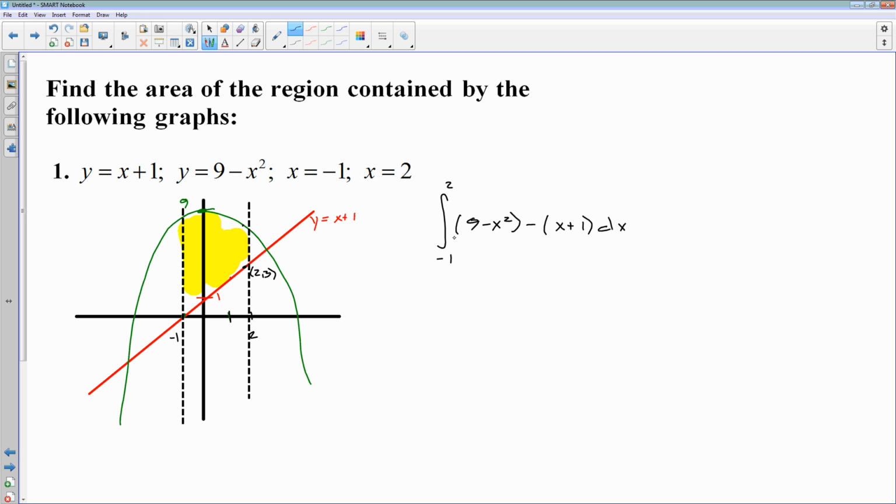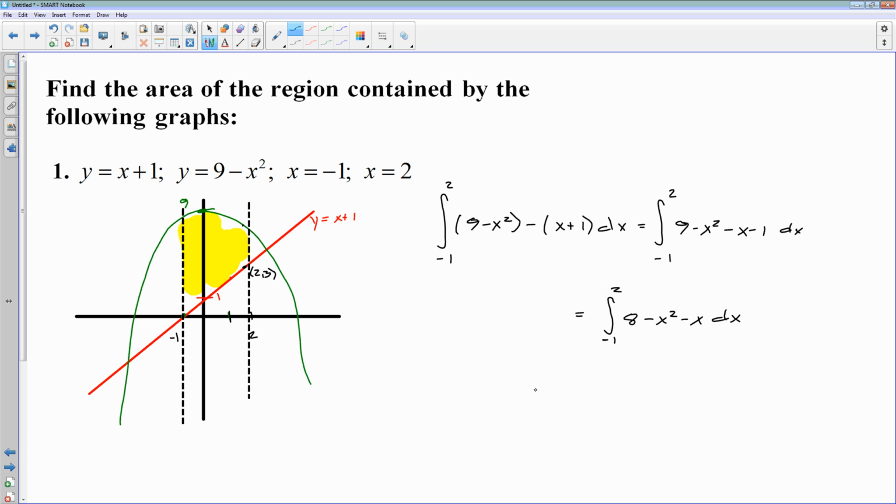One of the biggest mistakes people will make is they'll get silly with their distributing the negatives. So that's -1 to 2, 9 minus x squared, minus x, minus 1. Combine like terms, and that turns into the antiderivative -1 to 2 of 9 minus 1 is 8 minus x squared minus x dx.